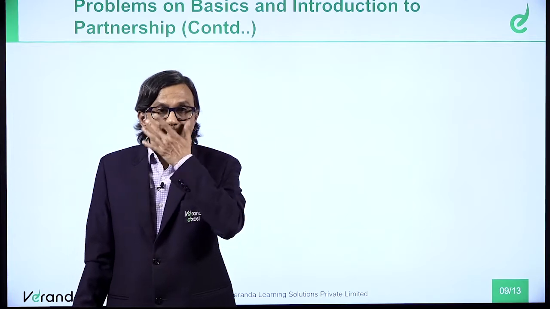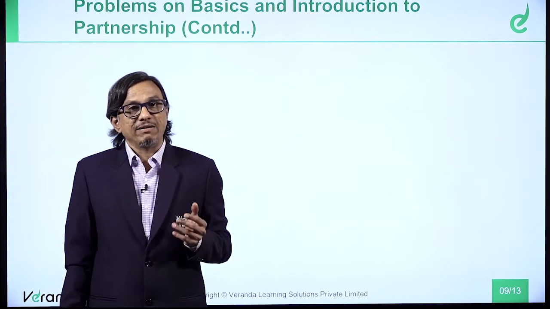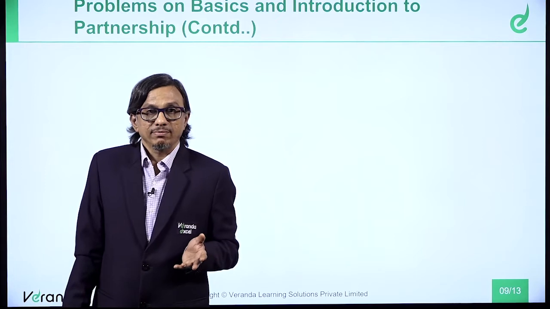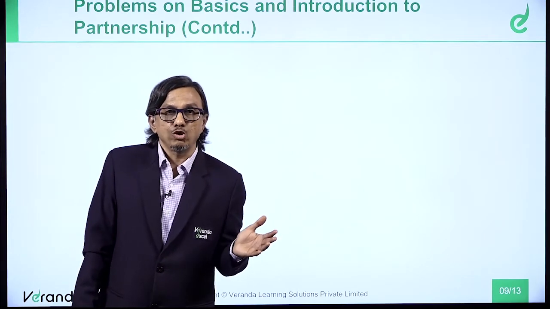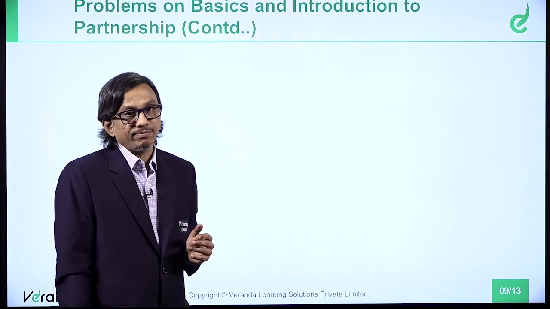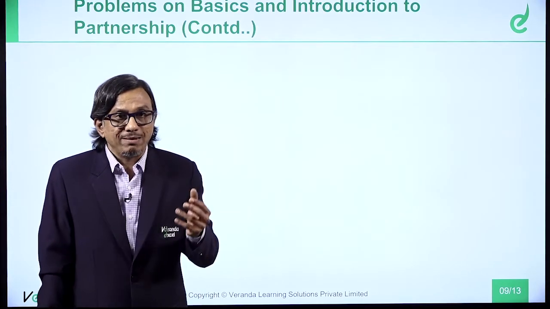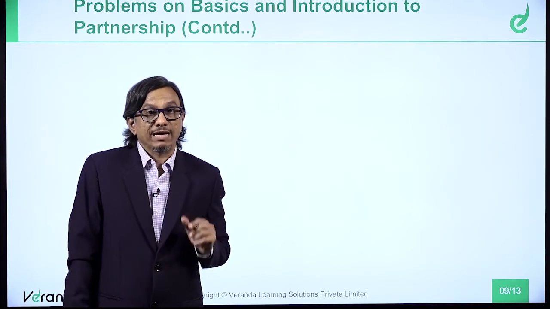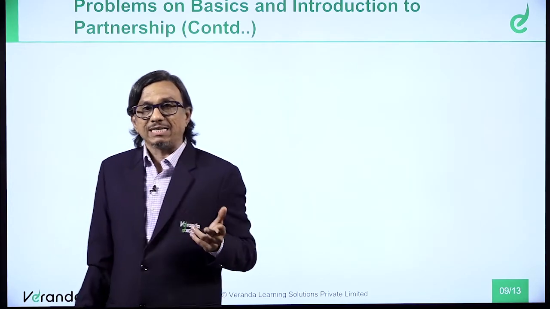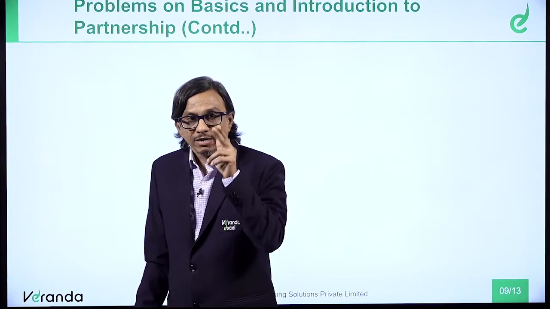Sometimes the problem says the guarantee is given by the firm. That means it is borne by all the other partners in their mutual profit sharing ratio. But sometimes the problem may tell you the guarantee is given by a particular partner only. Therefore, if any deficiency arises, it will be borne by that partner only.